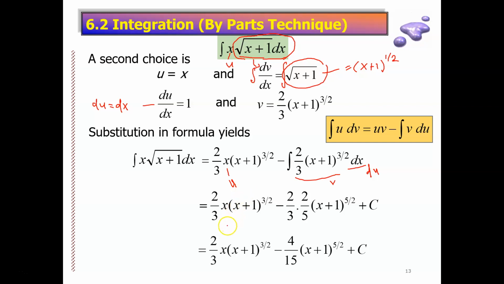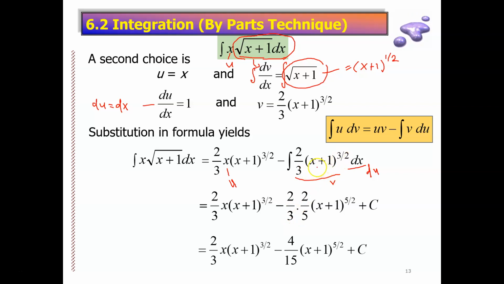Now you can expand the whole thing. This one you just rewrite, and this part you expand. You integrate this part, so you get this, and don't forget to add plus c. The 2 over 3 is a constant, so you just write it back.